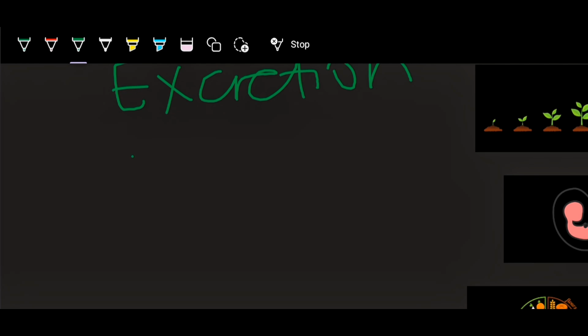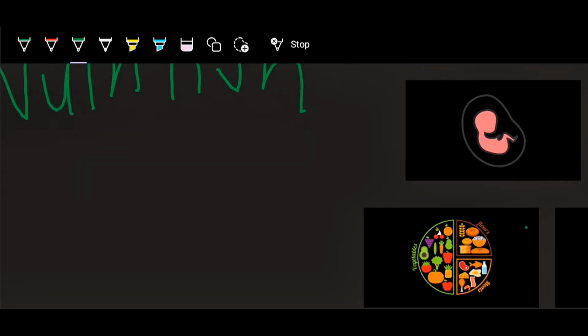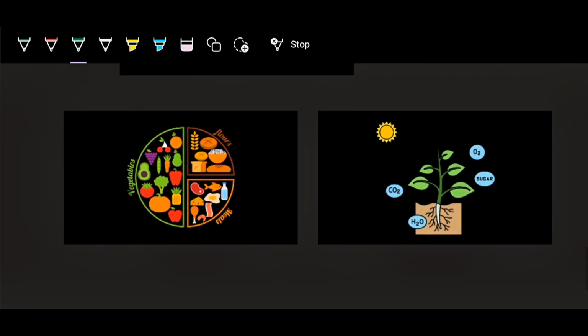The N now stands for nutrition, or feeding. This is the process by which living organisms obtain or make food. As humans, we have to get food from other sources, so we are known as heterotrophs, while plants make their own food, so they are known as autotrophs.